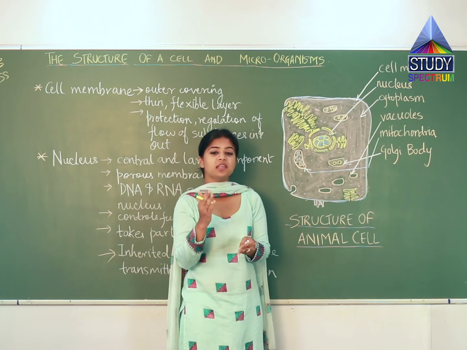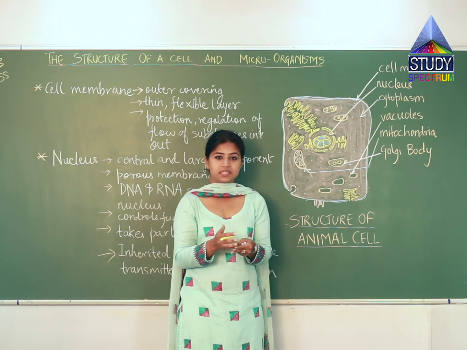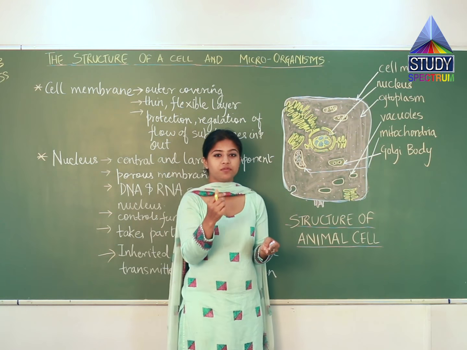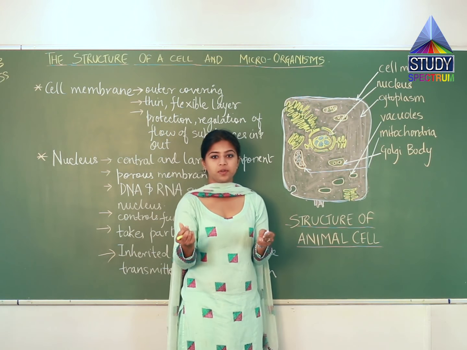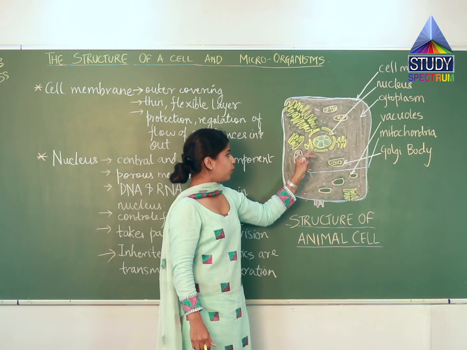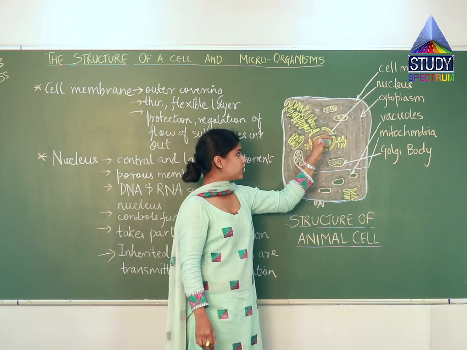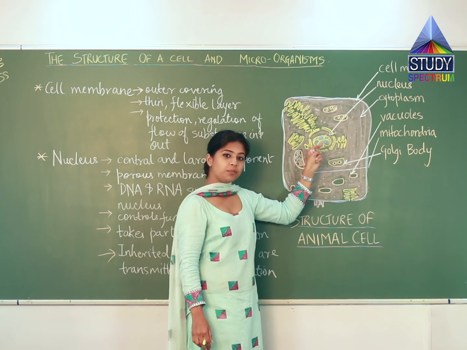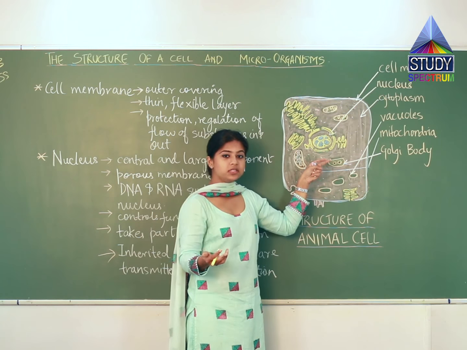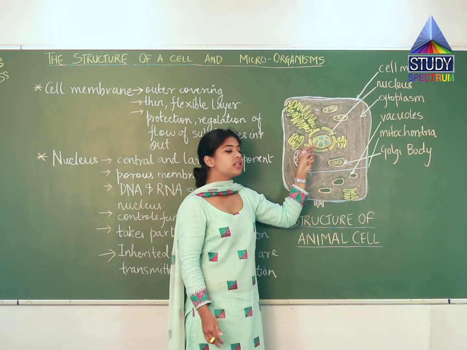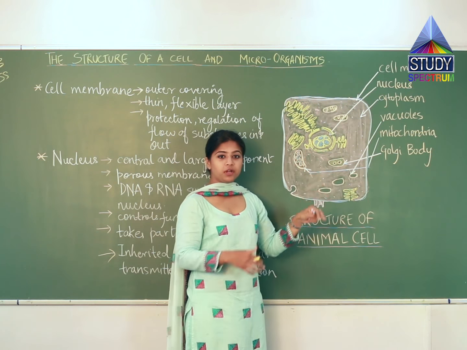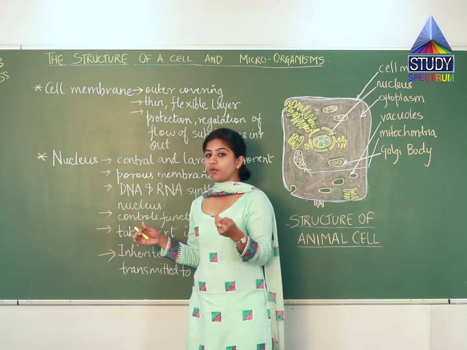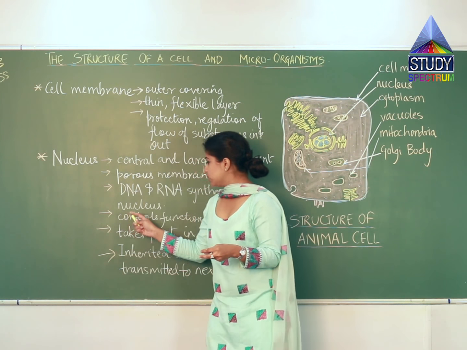DNA is the main reason why we have these variations from person to person. So what does the nucleus do? Since it's porous, it produces these genetic materials like DNA and RNA and sends them out, which are further carried to the rest of the body for the rest of the functioning.